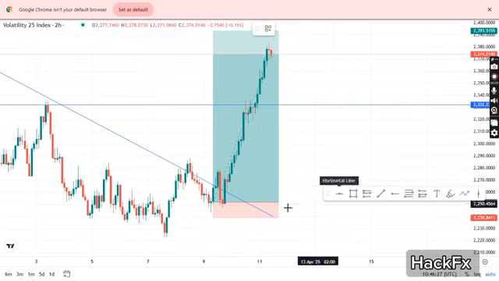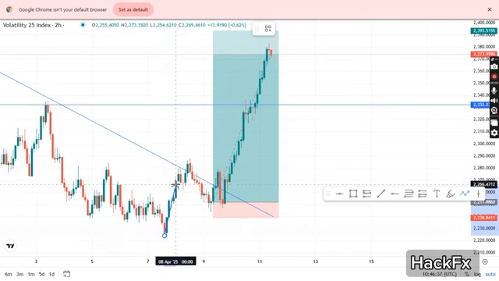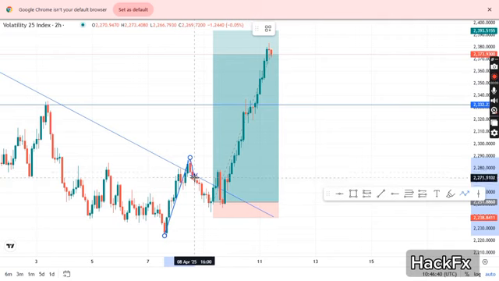This trade was still around this trend line. We moved from here. But first of all, we analyzed how this trade was around this point in the first place. So we analyzed that the trade was going to come down to this point.